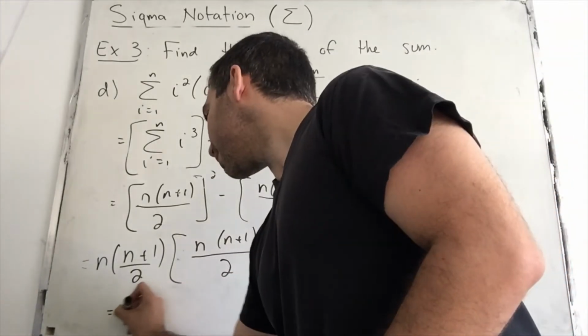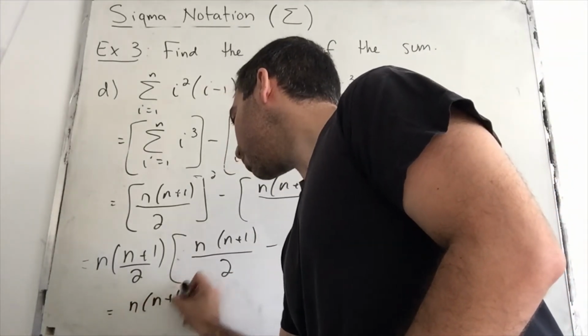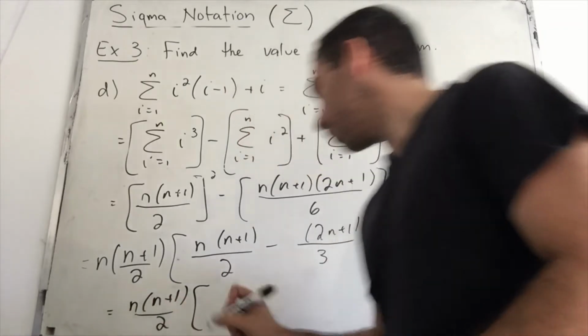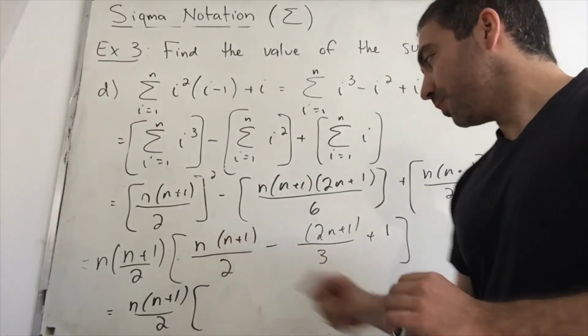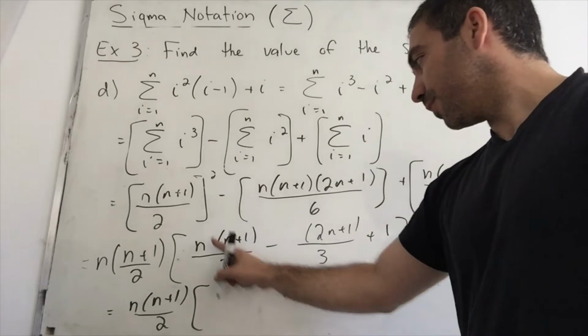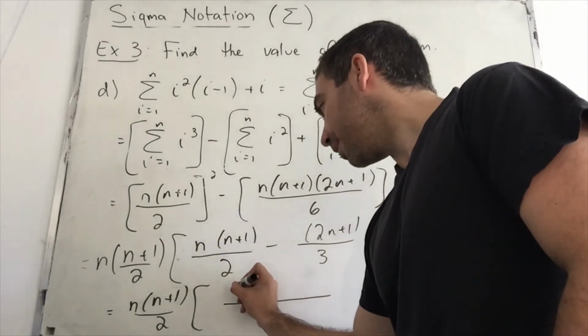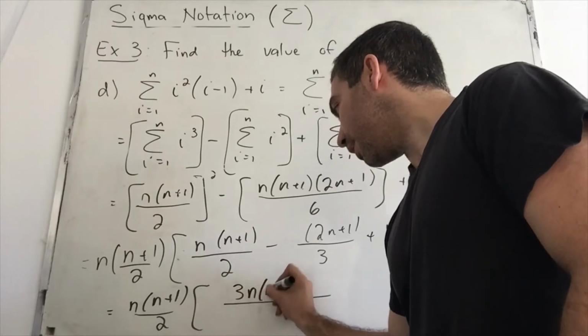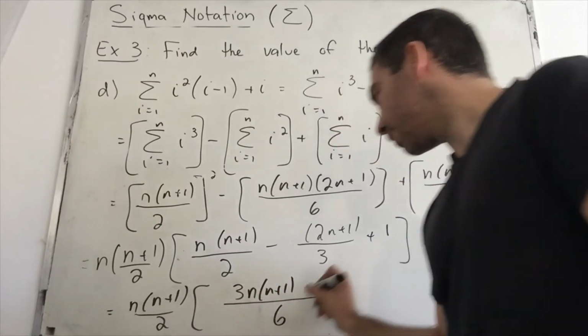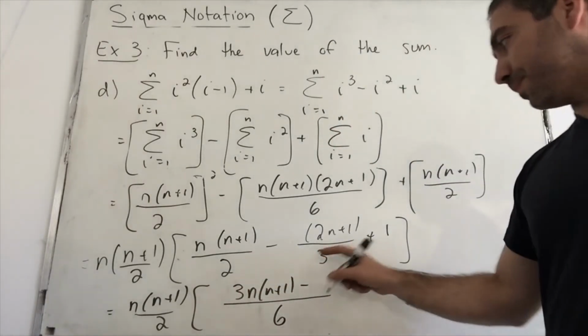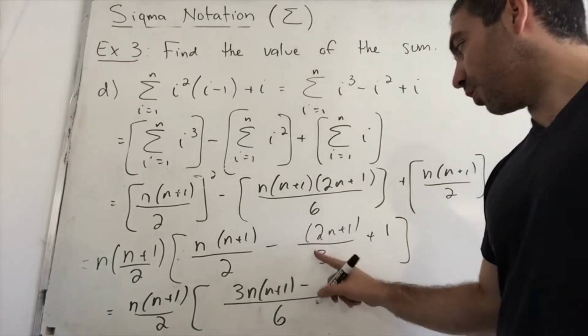So what we have here is n times (n plus 1) over 2. Here I'm going to just distribute. Well, let's first find a common denominator. Here we have to multiply the top and bottom by 3. So we get 3n(n plus 1) over 6 minus, here we have to multiply the top and bottom by 2.